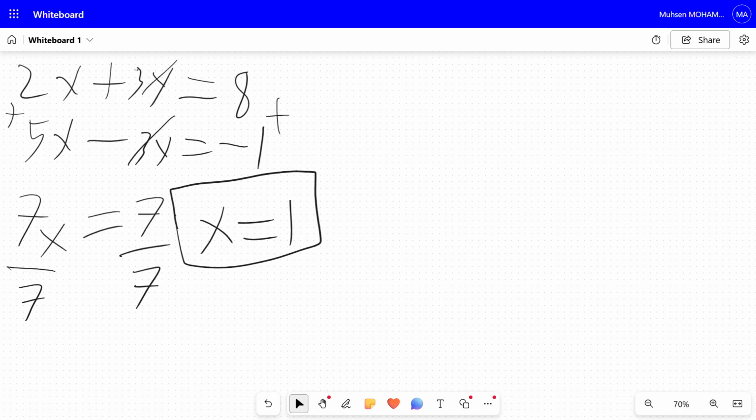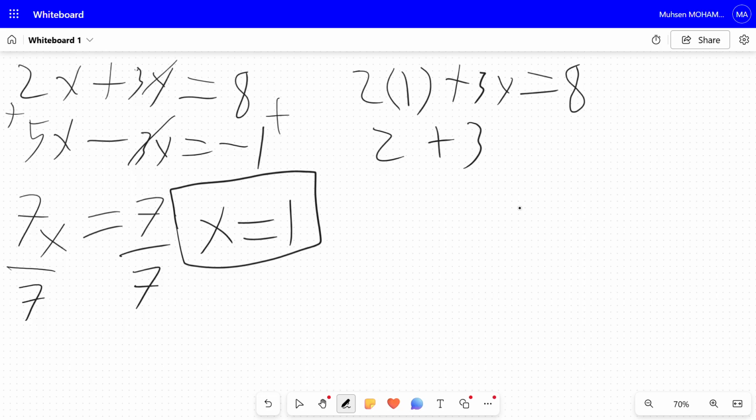So now, to find the value of y, I have to plug in x into any of the two equations. So for example, if I plug it into the first equation, it would be 2 times 1 plus 3y is equal to 8, which would be just 2 plus 3y is equal to 8.